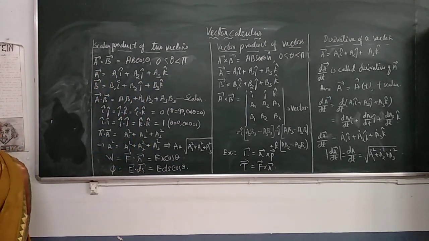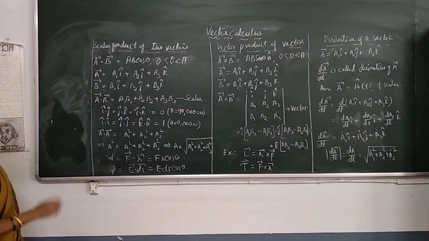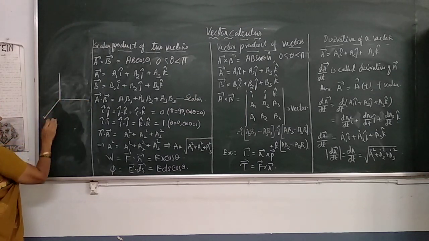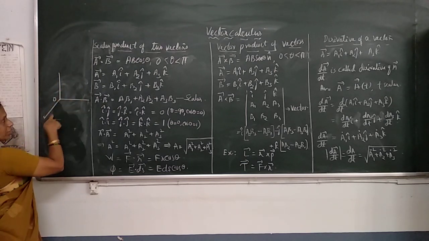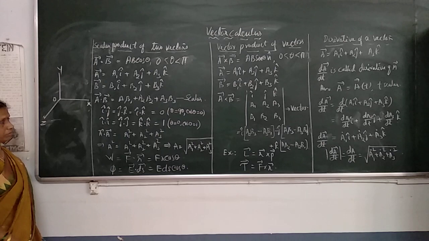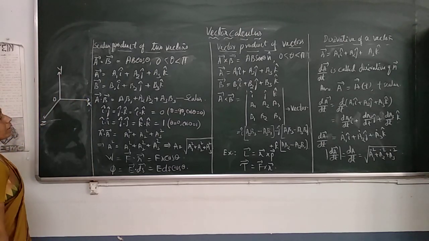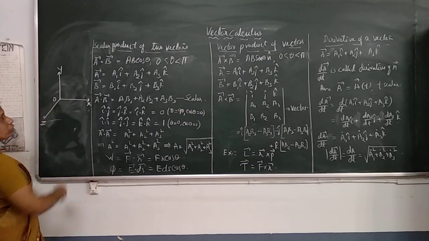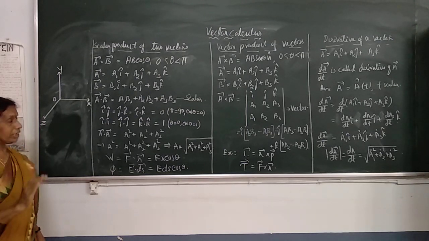Suppose the given vectors A and B are represented in a three-dimensional Cartesian coordinate system. You know about the three-dimensional Cartesian coordinate system: the three axes at right angles to each other, OX, OY and OZ, where O is the origin. In terms of their components, the vectors have three components.